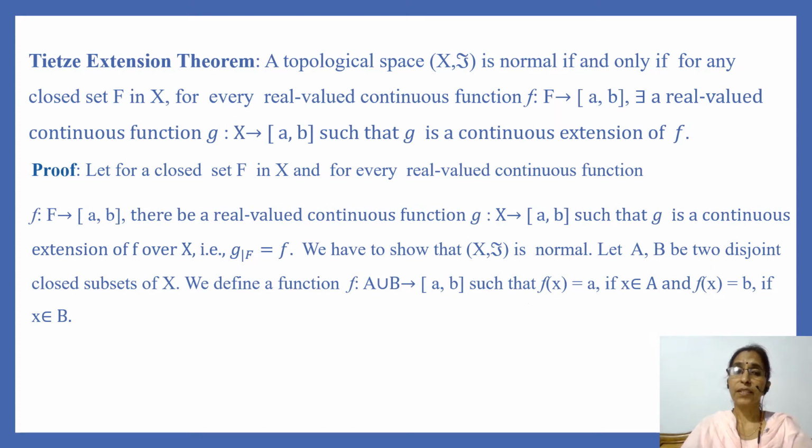Tietze extension theorem states that a topological space (X, τ) is normal if and only if for any closed set F in X, for every real valued continuous function f from closed subset F to closed interval [a, b], there exists a real valued continuous function g from whole space X to closed interval [a, b] such that g is a continuous extension of f.